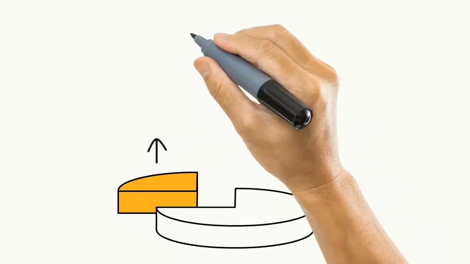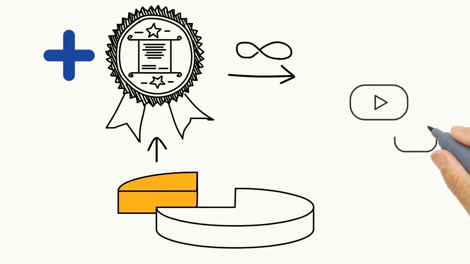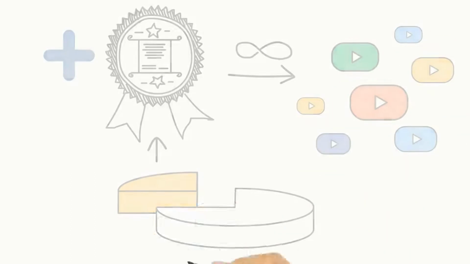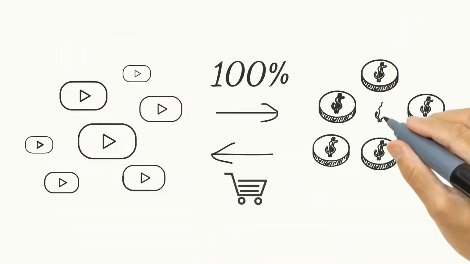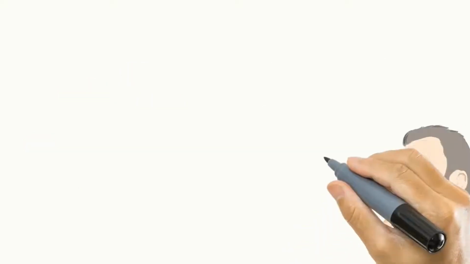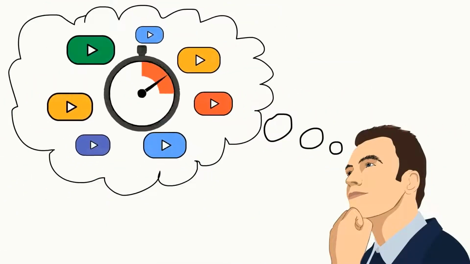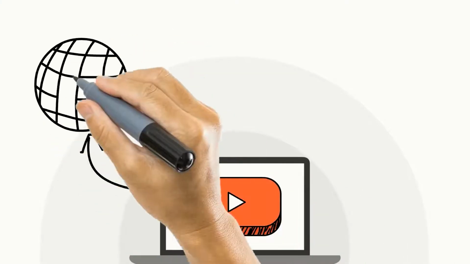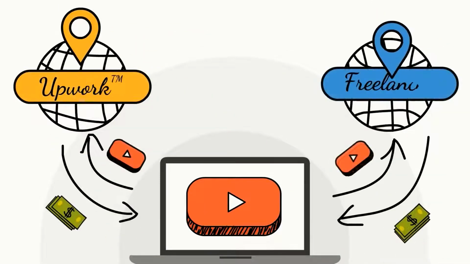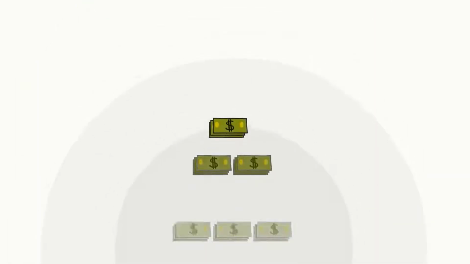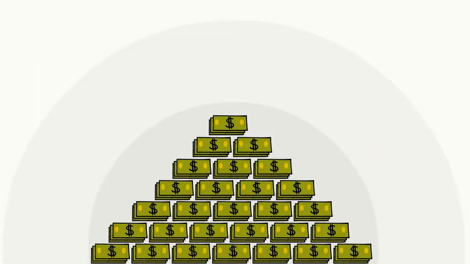And the best part? With the included commercial license, you can generate as many videos as you want, plus you can even sell them and keep 100% of the profits. Imagine just taking minutes to generate these Doodle videos for your potential clients, or becoming a freelance Doodle video creator on popular sites like Upwork or Freelancer.com and charging top dollars for these videos.